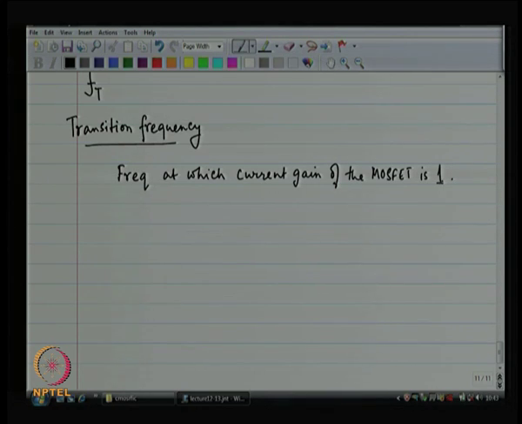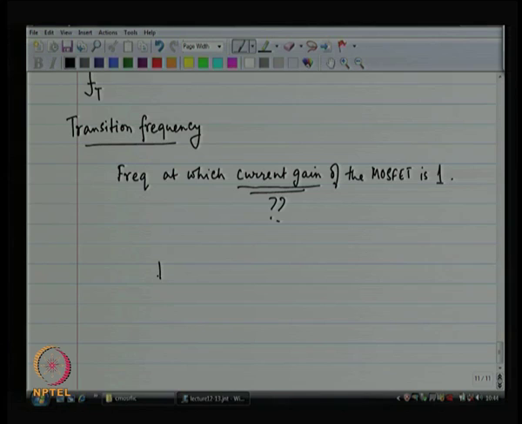Now, we have something serious over here. What on earth is current gain? Right? What do you mean? What are we talking about over here? So, imagine an experiment like this.